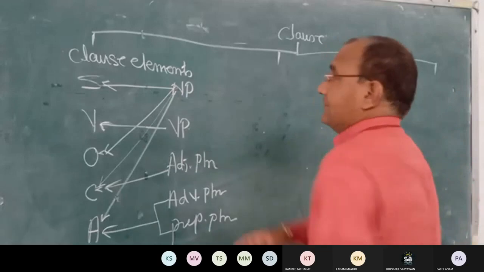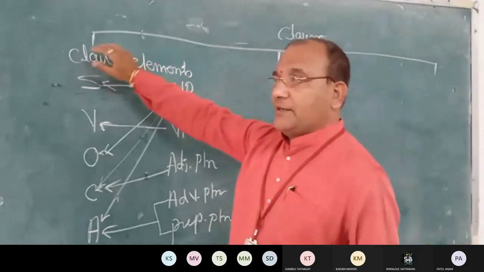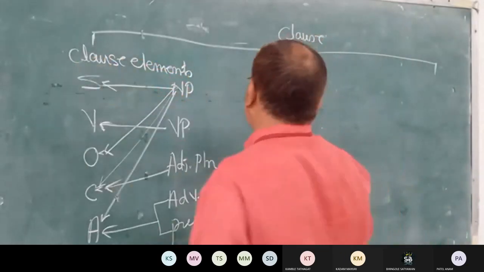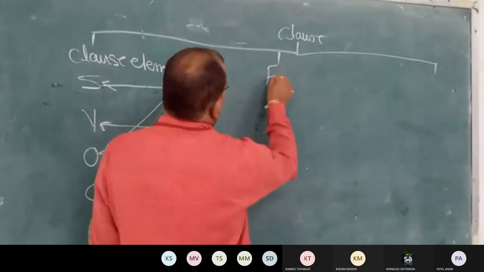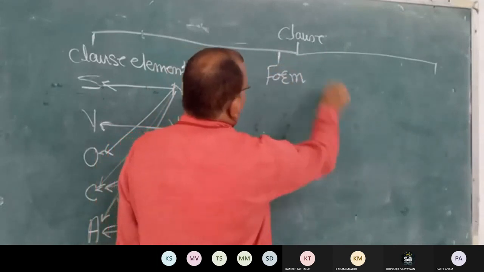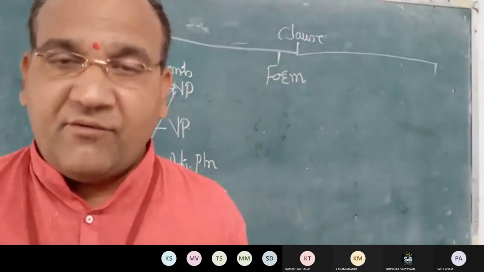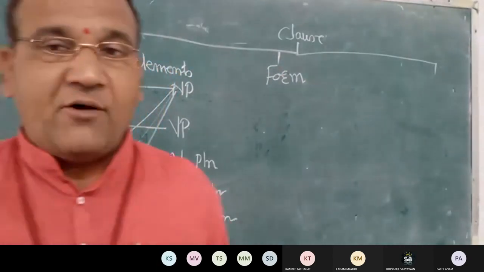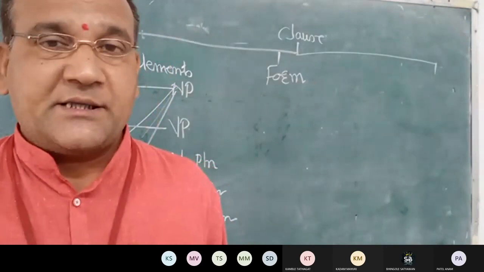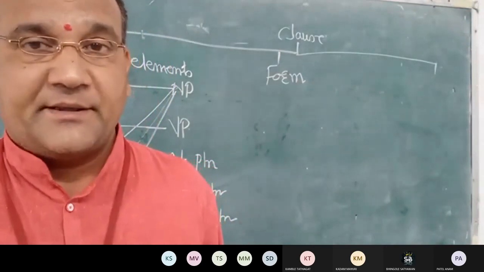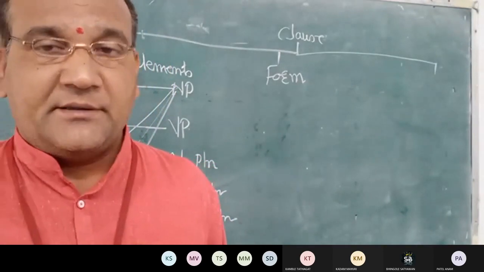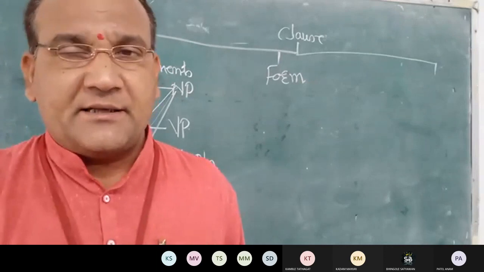Now, this is the way we can study clause by its elements. We can also study clause by its form. And when you study the form of a clause, your focus is on the VP, the verb phrase in the clause.